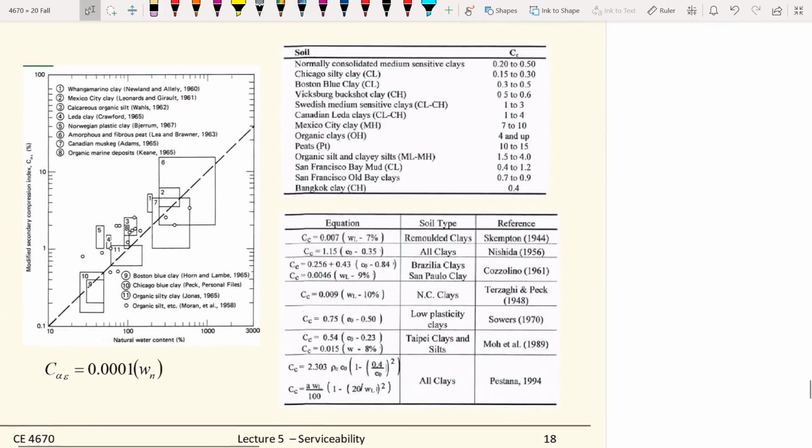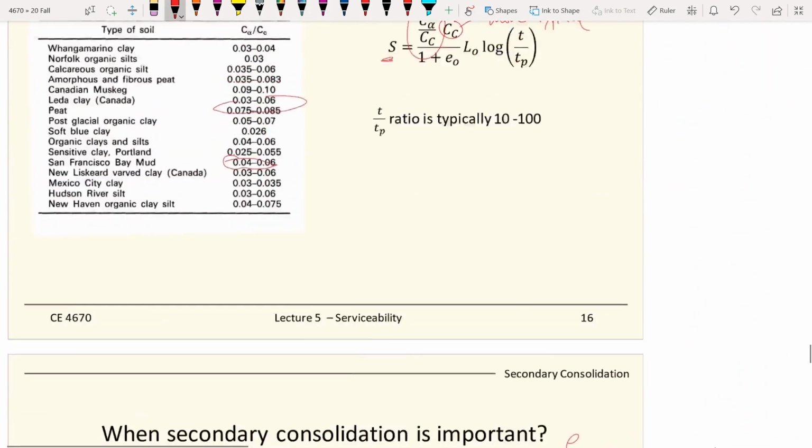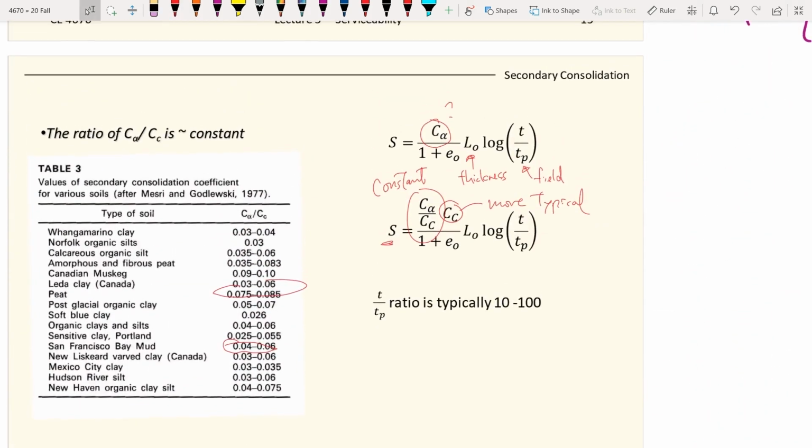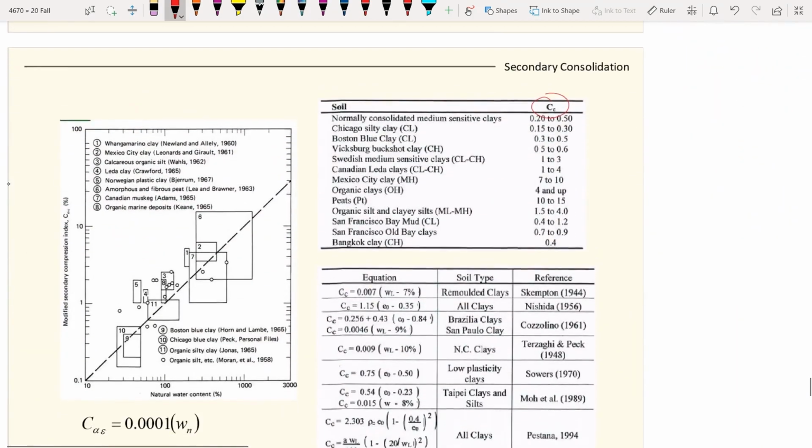Anyway, these are the more typical parameters to use for C sub C. If you want some numbers for design for C sub C, because C sub C can be powerful when you calculate the settlements involving secondary consolidation, so this is the secondary consolidation settlement calculation.